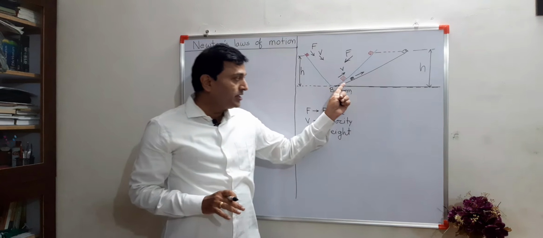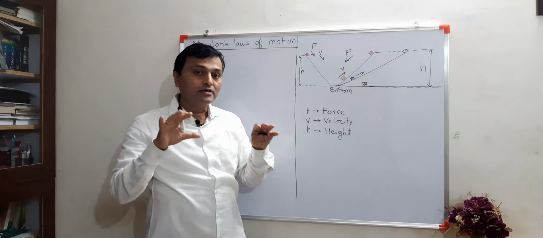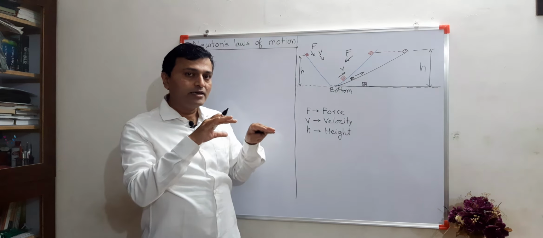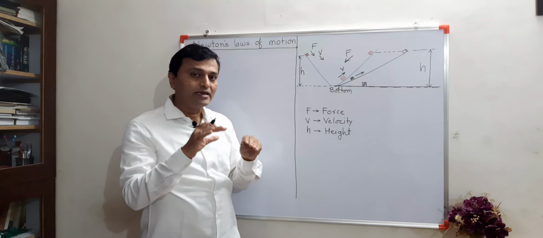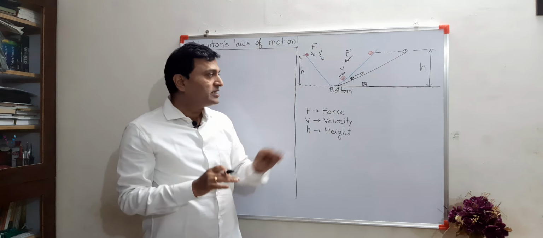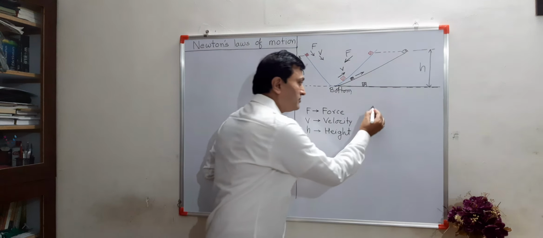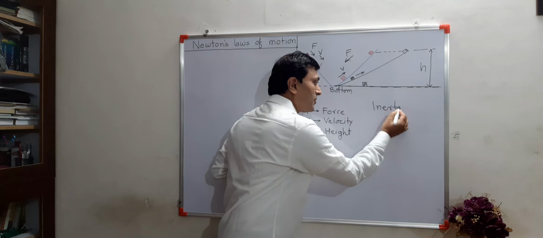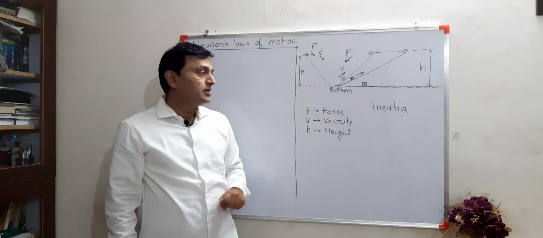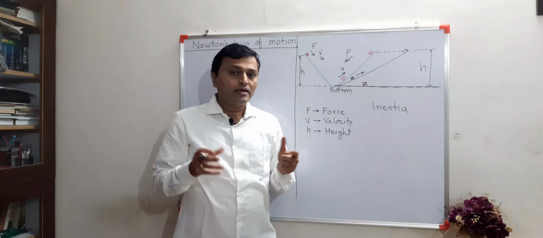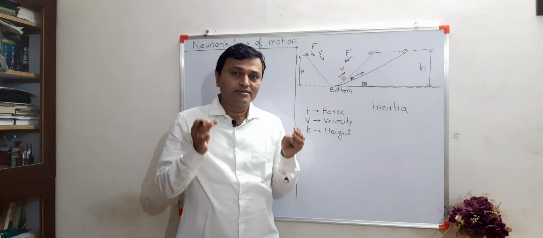Means this body, suppose it is going in this direction, will have a tendency to maintain its velocity constant forever, if force is not applied. This tendency, this property possessed by the body, is named inertia. This name was given by Galileo, and every body possesses inertia.